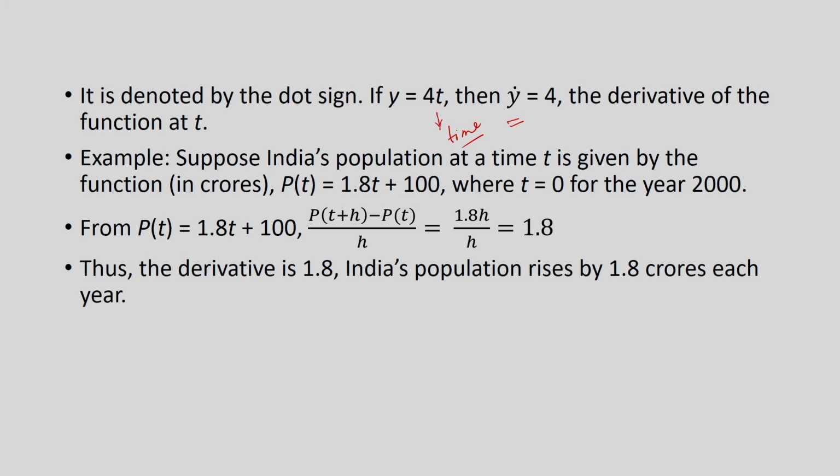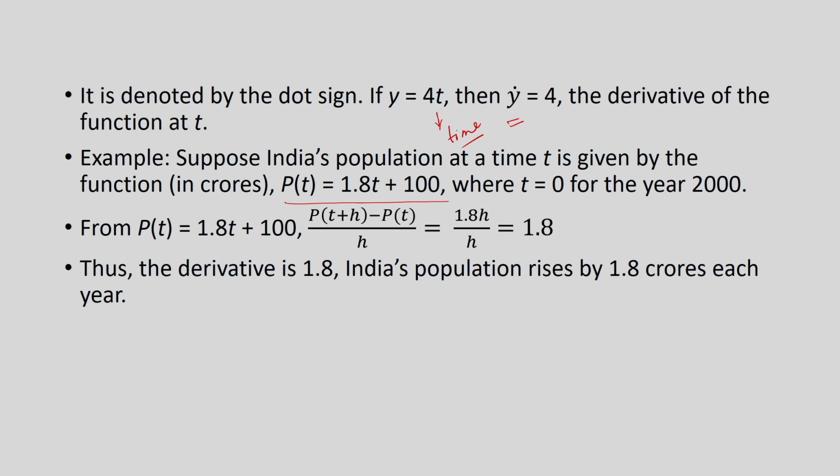So, here is an example. Suppose India's population at a time t is given by the function P(t) is equal to 1.8t plus 100, and suppose P(t) is the population which is in crores, and we are given this information that at t is equal to 0, we are considering the year 2000.